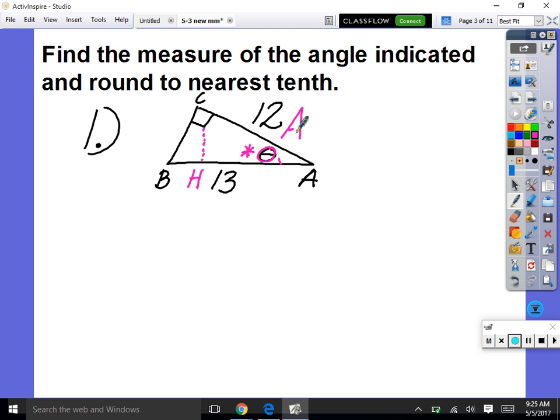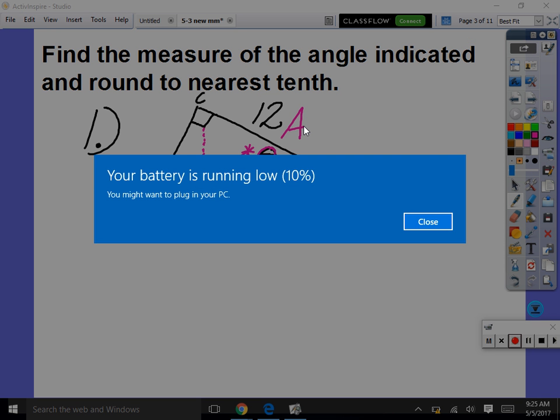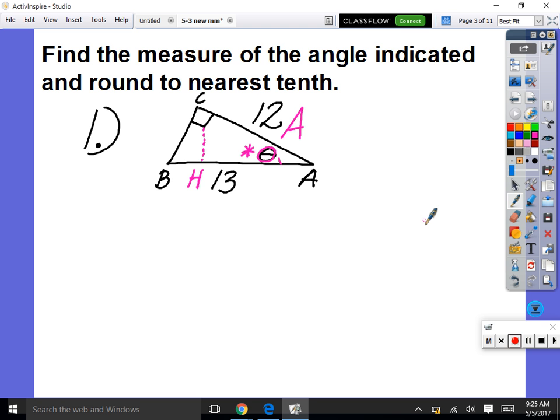So you say to yourself, I was given an adjacent side and a hypotenuse from theta. Which trig ratio uses an adjacent and hypotenuse? Does everybody understand how cosine is the only one that uses the adjacent and hypotenuse? So you say, I've got to use cosine.